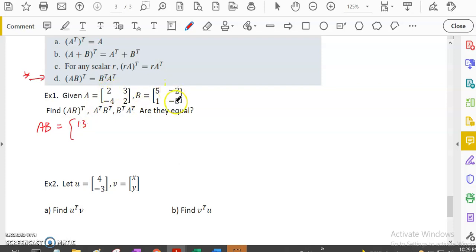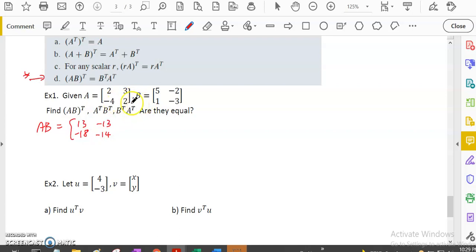Then row times column, -4 minus 9, -13. Then row times column, -20 plus 2, -18.